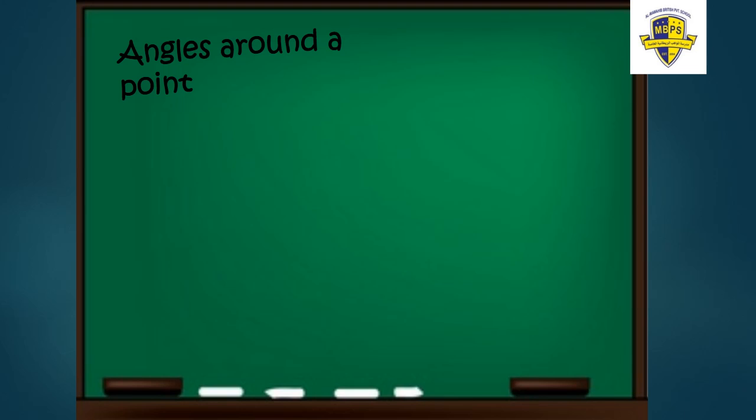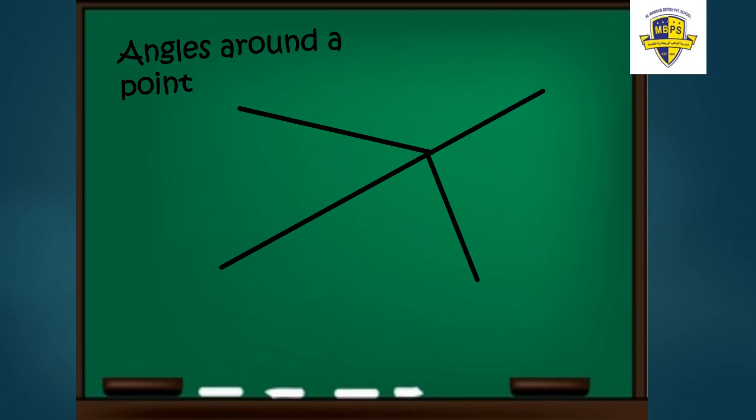One more example. Here we have this angle and we divide it into four angles, A, B, C, and D. Okay, now we know that the sum of all these angles equals 360.